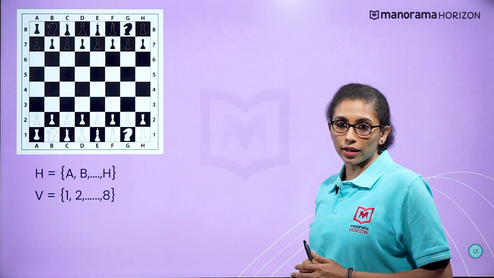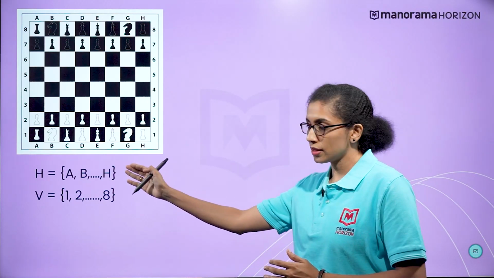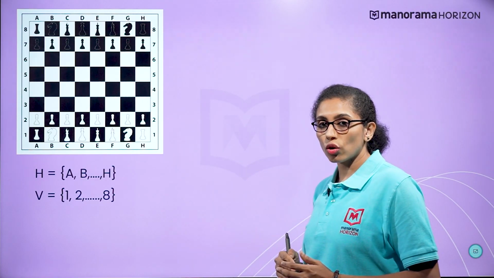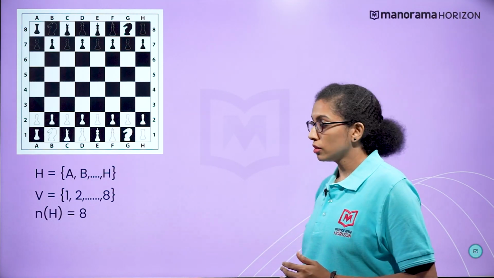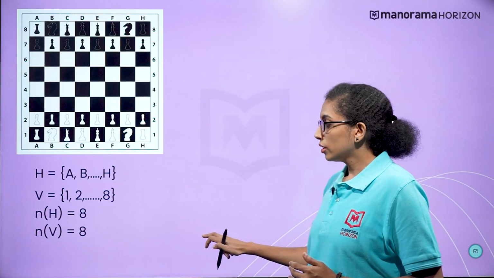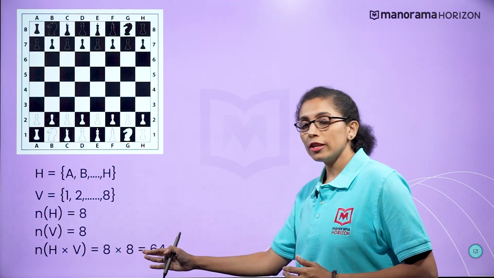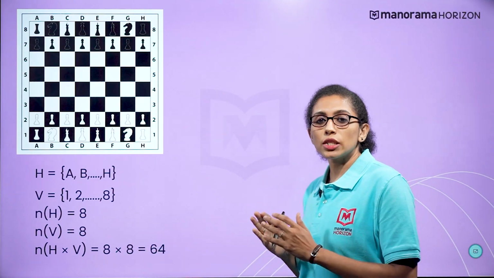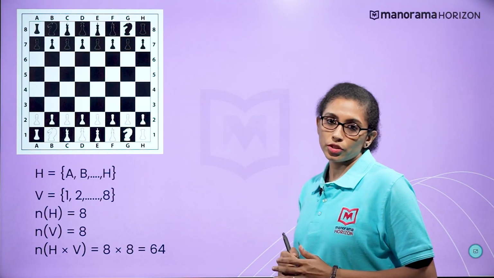As discussed earlier, we can form the Cartesian product of these two sets H and V. Now what about the number of elements in H cross V? We know n(H) = 8, n(V) = 8. Therefore, n(H cross V) = 8 into 8, which makes 64. So, a total of 64 ordered pairs can be formed from this chessboard.